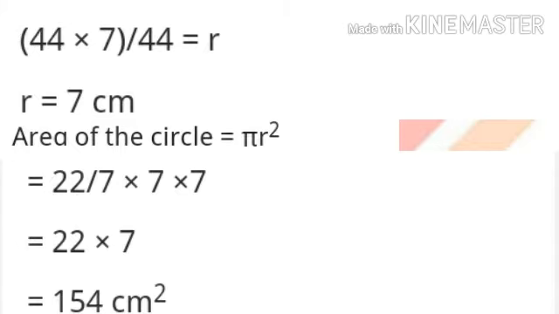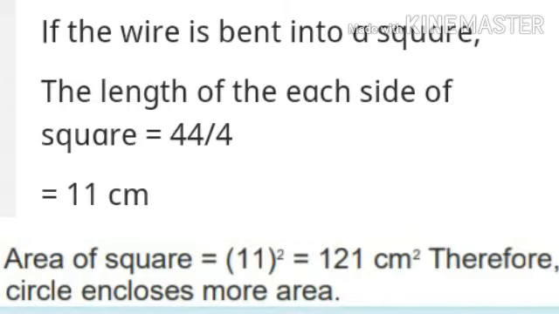Area of the circle is equal to pi r square. So, 22 upon 7 into 7 into 7. 7 cancel. So, 22 into 7 is 154. So, area of the circle is equal to 154 centimeter square.